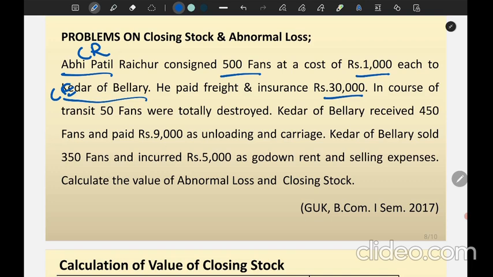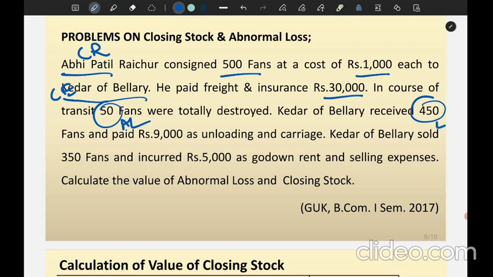In course of transit, 50 fans were totally destroyed. See, this is the quantity of abnormal loss. Kedar of Ballari received 450 fans, and paid rupees 9,000 as unloading and carriage.